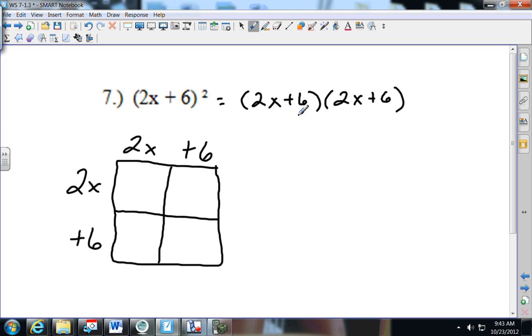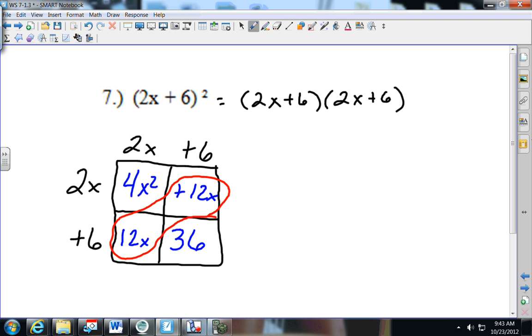Remember on the last one, one was positive, one was negative. On this one now we have 4x squared, then 2x times 6, 12x, 6 times 2x, 12x, 6 times 6, 36. Put your x's together. I get 4x squared plus 24x plus 36.